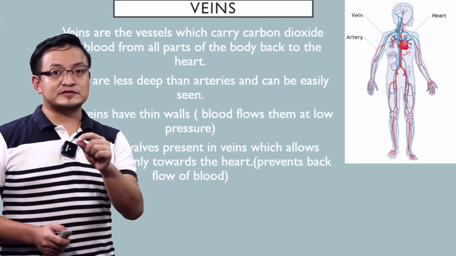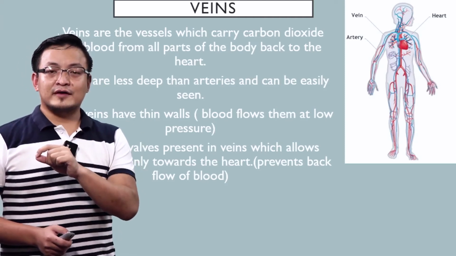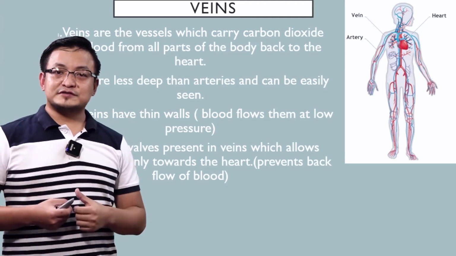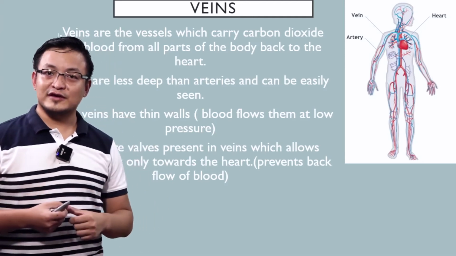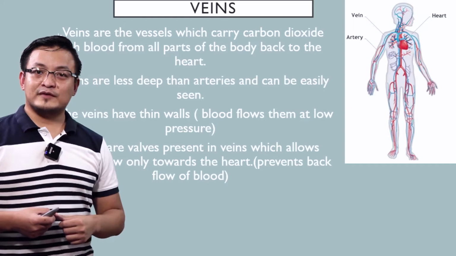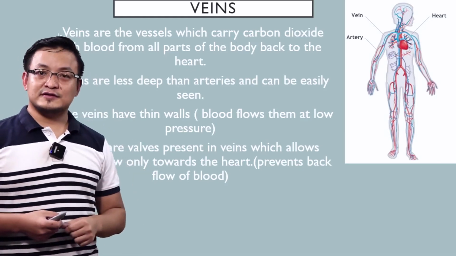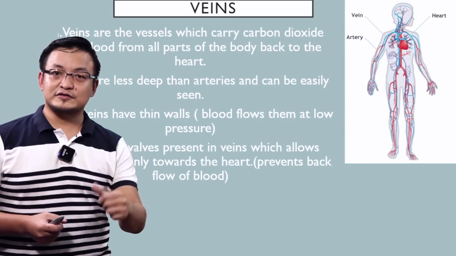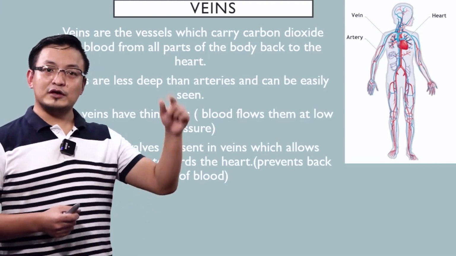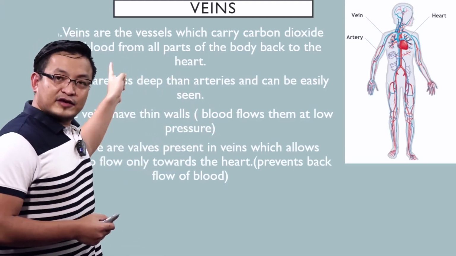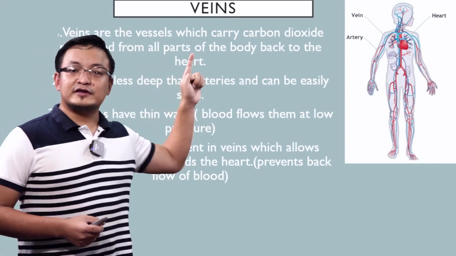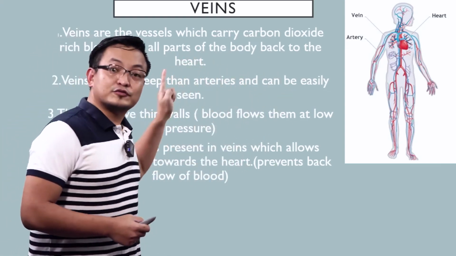They carry oxygen-rich blood. All our body parts need oxygen, right? So it is supplied through arteries, because arteries carry oxygen-rich blood. But veins are the vessels which carry carbon dioxide-rich blood.